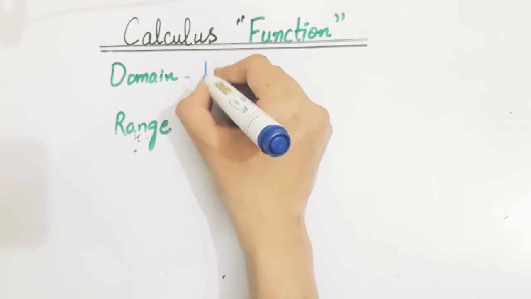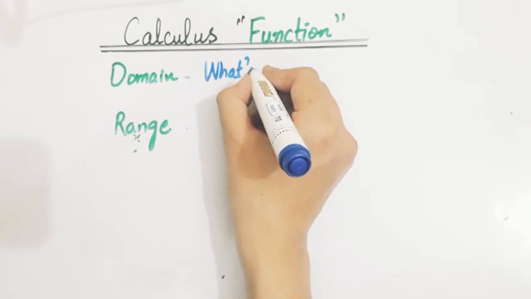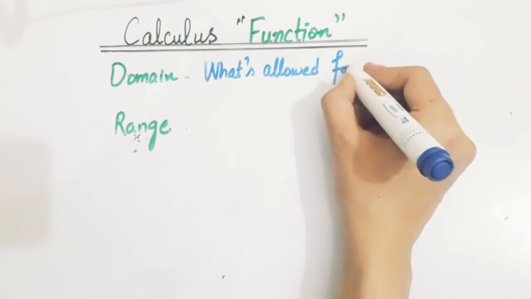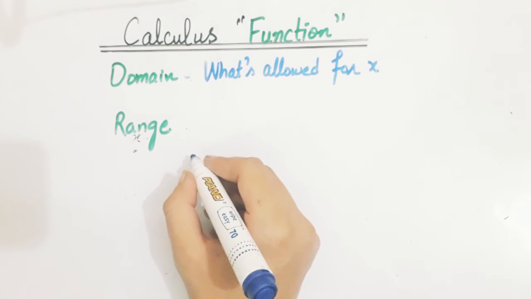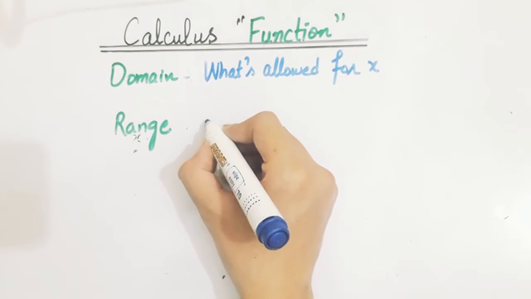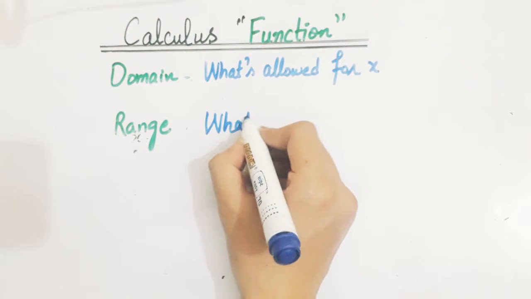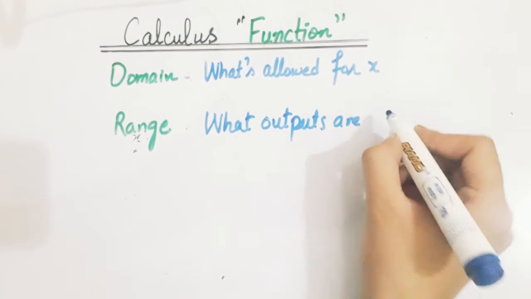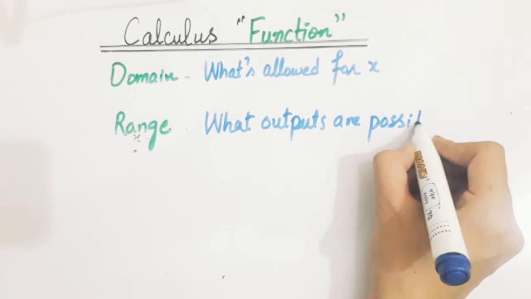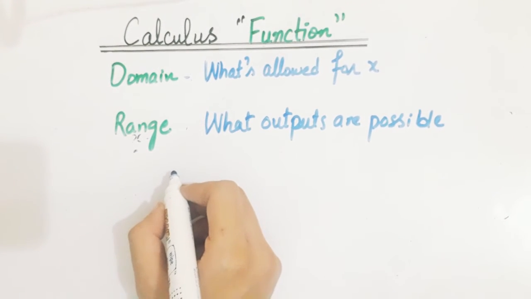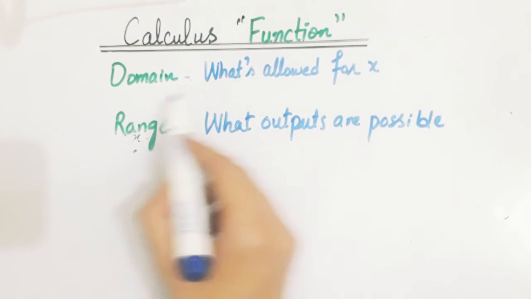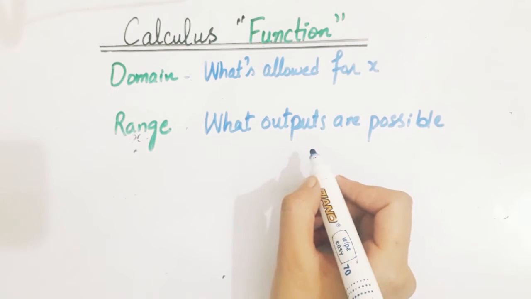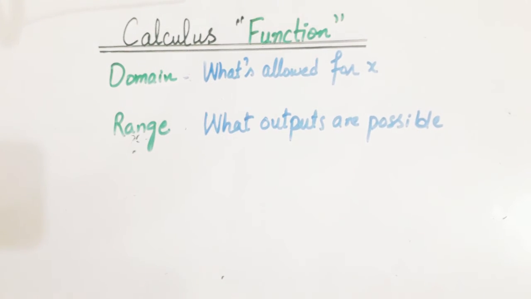Domain means what's allowed for x, what value you give for x, and range means what outputs are possible. So what you give as input is the domain and what you get as output is the range. I will explain with an example.